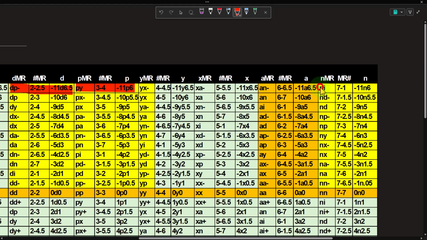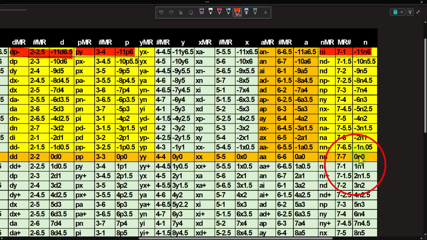From the Locrian, it's an ni modal range, a 7-1 modal range, and -11 steps back from the Locrian node, which would be a negative or counterclockwise 6 modal half steps back. So to go forward then, if it's 6 back, 7 minus 6 would be 1 forward. So going forward, it would be a 1-note away from the Locrian node, 1 modal half step in the clockwise direction, which would be the second scale degree.